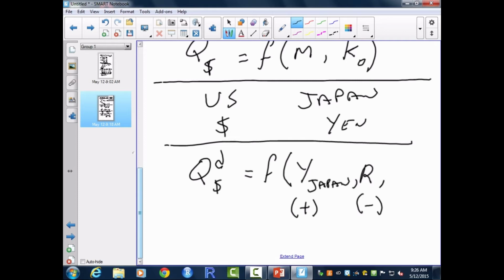One more variable that determines quantity demanded for dollar is the real interest rate, that is after you take the impact of inflation out of it, the real interest rate in the US greater than the real interest rate in Japan.